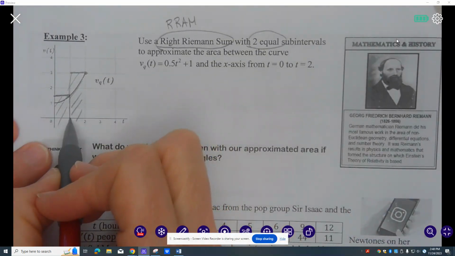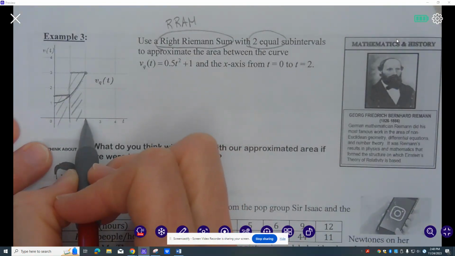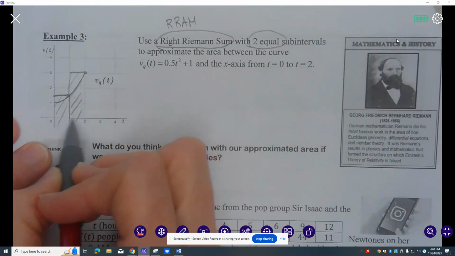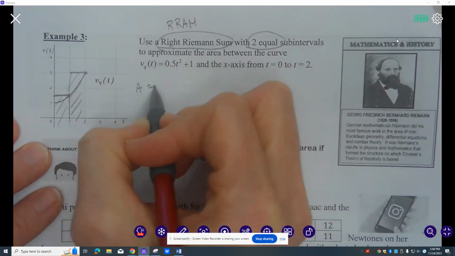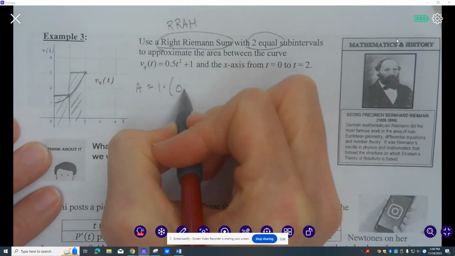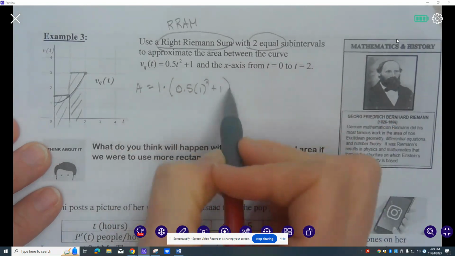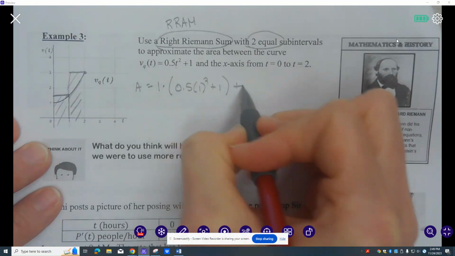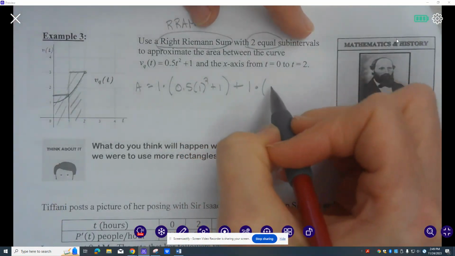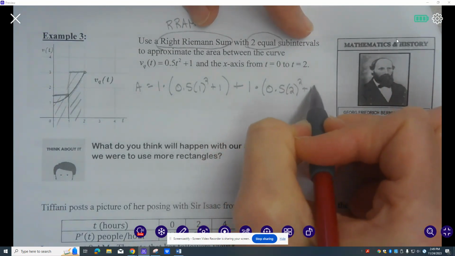So my first height will come from plugging 1 into my function, and my second height will come from plugging 2 into my function. The width of both of these rectangles will be 1. So it's going to be 0.5 times 1 squared plus 1. So that's the height of rectangle number 1 plus width of rectangle number 1 times height will be 0.5 times 2 squared plus 1.